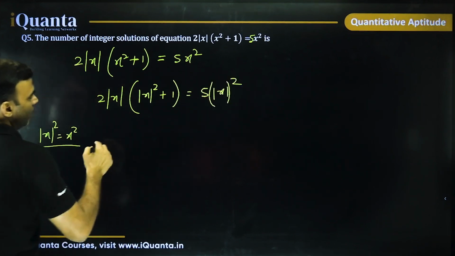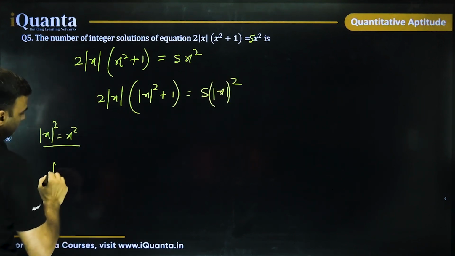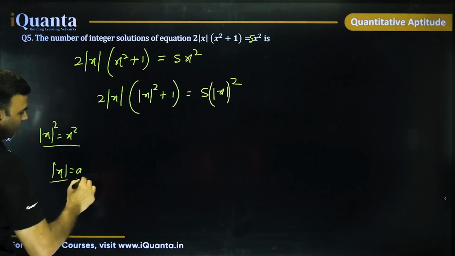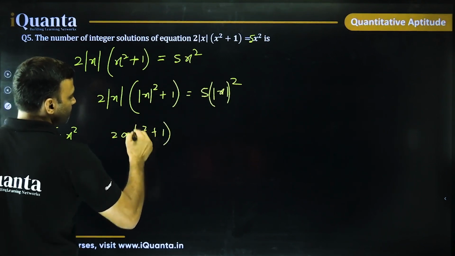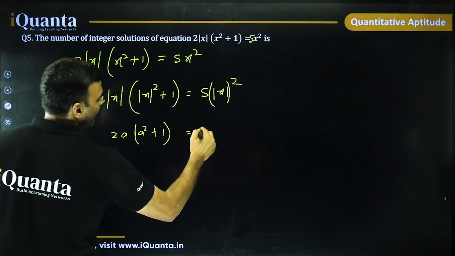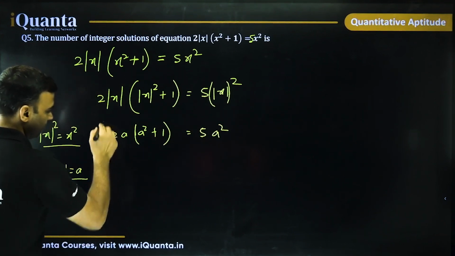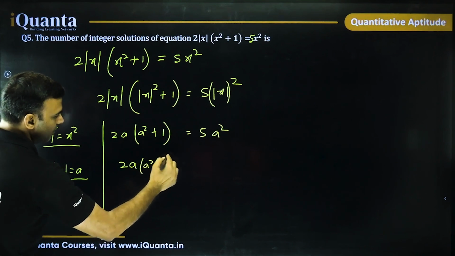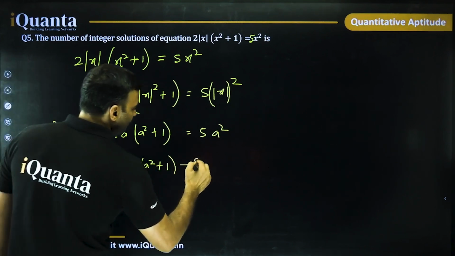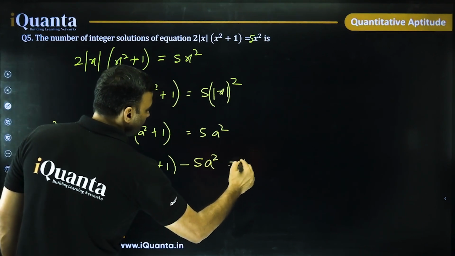Now you can take modulus x as a, just for convenience. 2a into a square plus 1 is 5a square. Now bring all of them to the same side. So 2a into a square plus 1 minus 5a square is equal to 0.